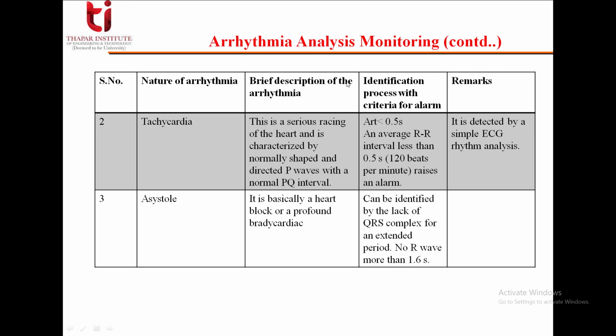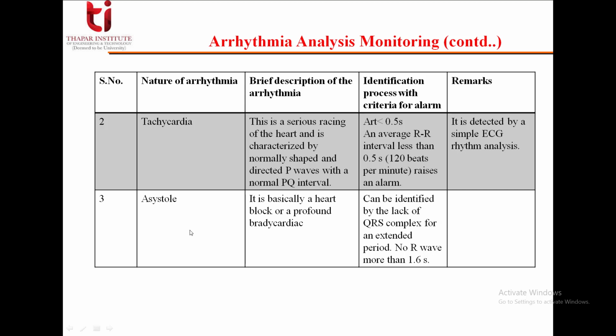In this case, the R should be capital and the T should be in subscript, so this is just a typo. That is 120 beats per minute, which raises an alarm, and it is also detected by a simple ECG rhythm analysis.